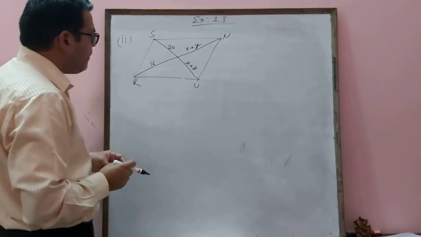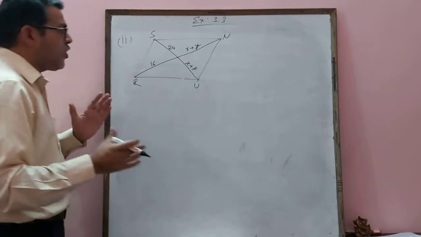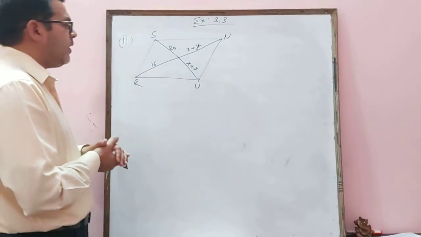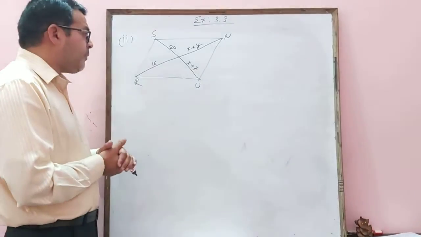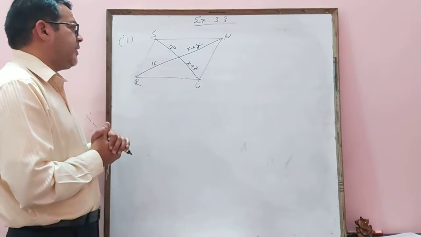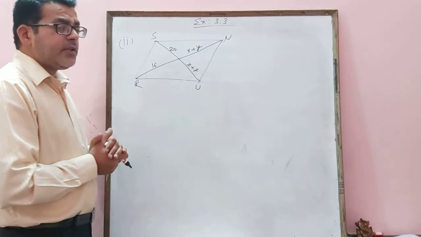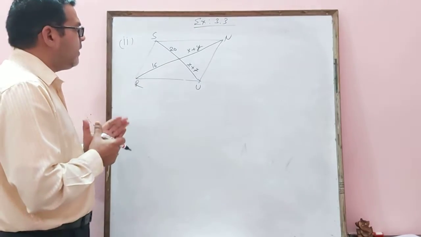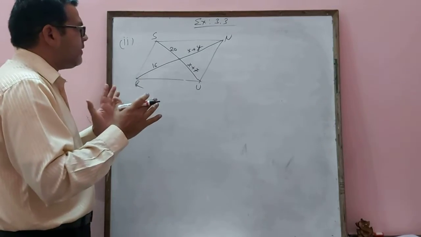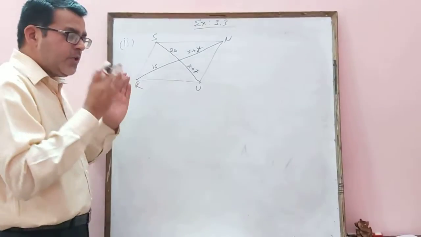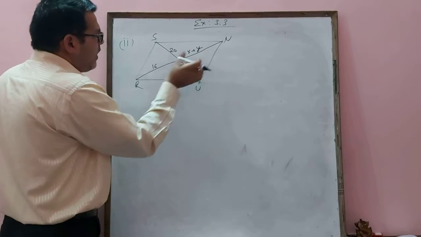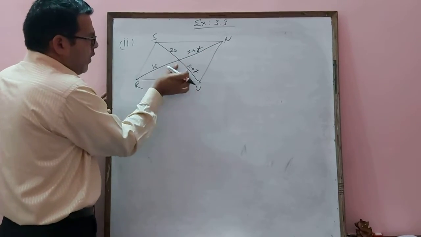Now this time their diagonals are given. This is a parallelogram. One other property of a parallelogram is that the diagonals of a parallelogram bisect each other. Bisect means they divide the diagonal into two equal parts. It means this 16 will be equal to x plus y and this 20 will be equal to y plus 7.